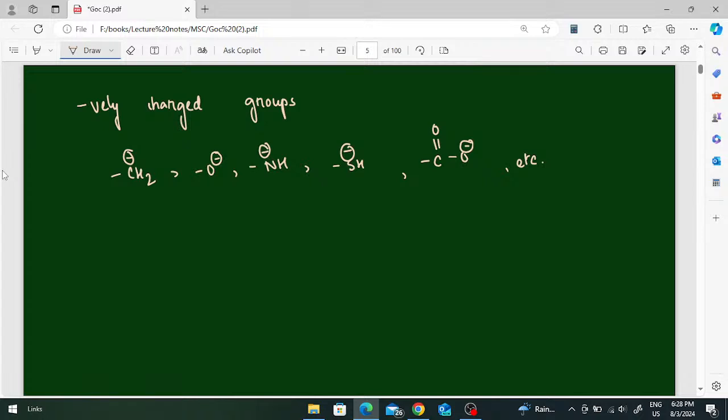If I talk about the first three, you can already see that carbon is the least electronegative of all. So if I compare the plus I effect, CH2 negative has the best plus I effect because it is least electronegative of the three, whereas O negative has higher electronegativity, so it is the least plus I inducing of the three.